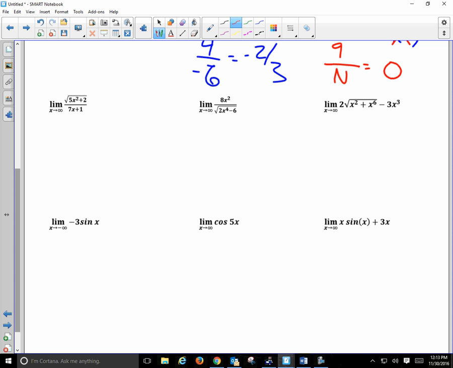What do you think we factor out of this one? I'm going to factor out an x squared. And when I factor the x squared out of the square root, what does it become? What is the square root of x squared? X. So when I factor the x squared out, it becomes x. And I'll be left with a 5 plus 2 over x squared.